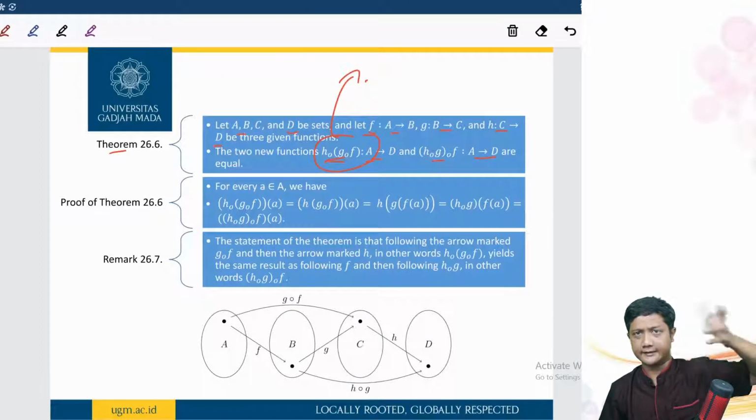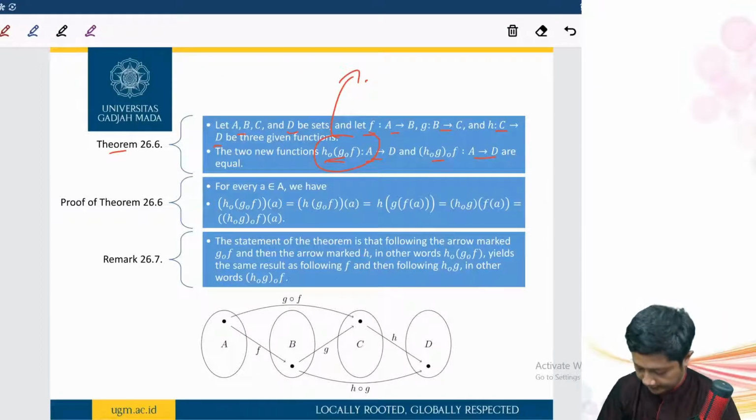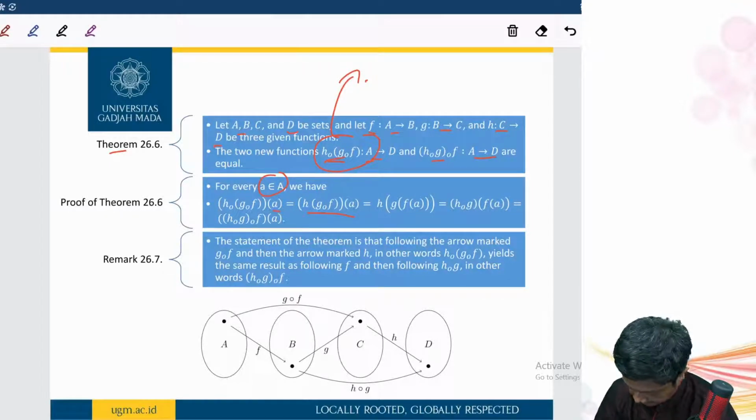Okay. So take every a in A. We take any. Then from here it's clear by definition, correct? And then we get this one also by definition.